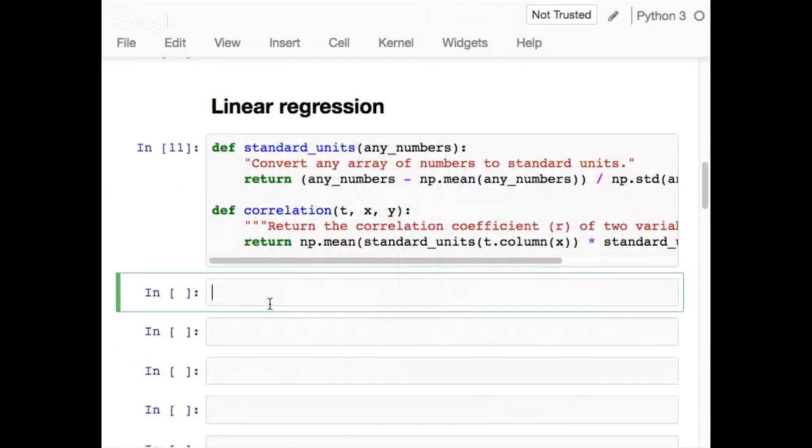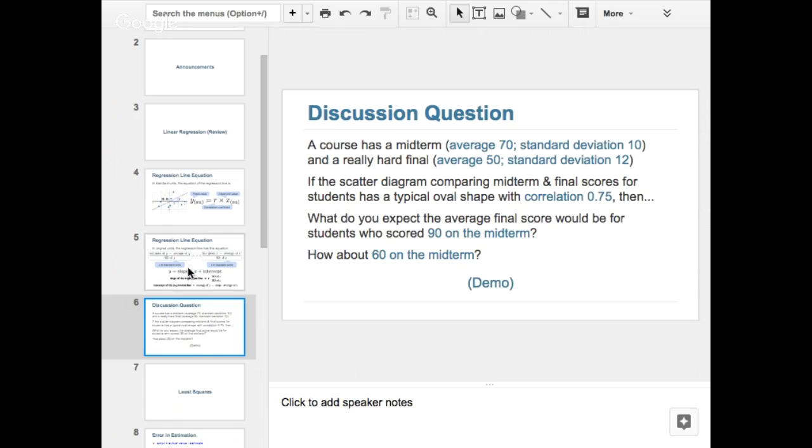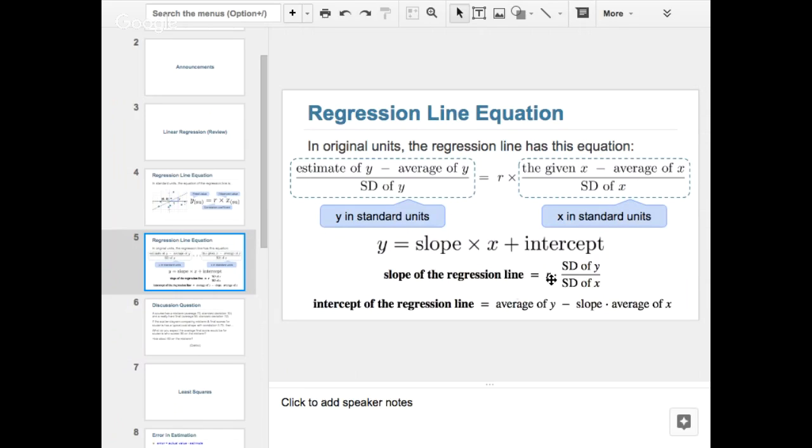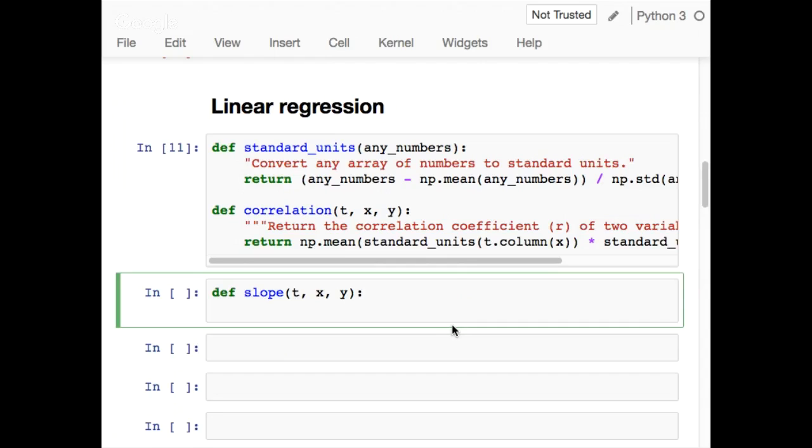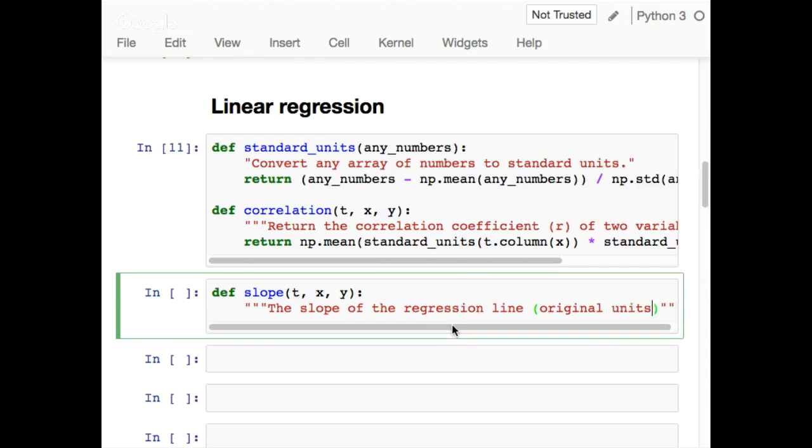I want to first define the slope. So based on my previous slide, we know that the slope is r times the standard deviation of y over the standard deviation of x. Okay, so if I pass in a table with x and y columns, let me do that, return the slope of the regression line. And just to be clear, this is original units.